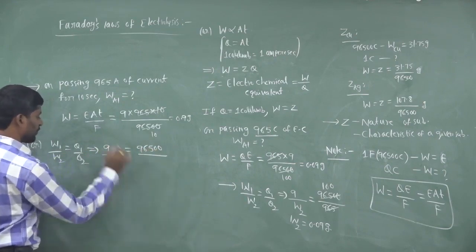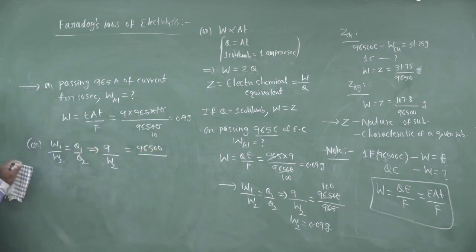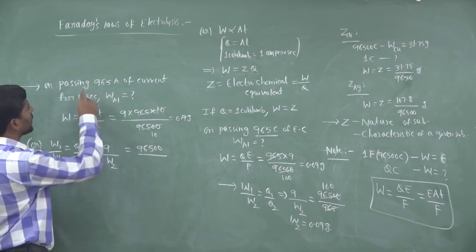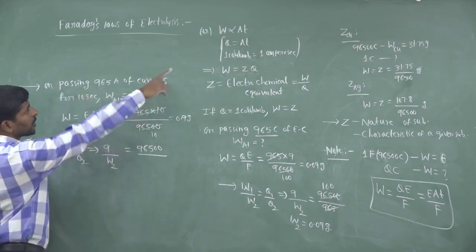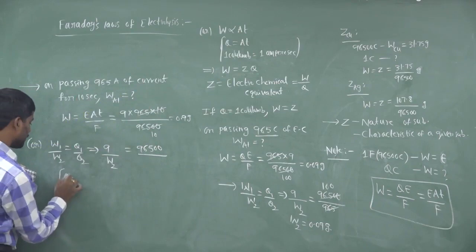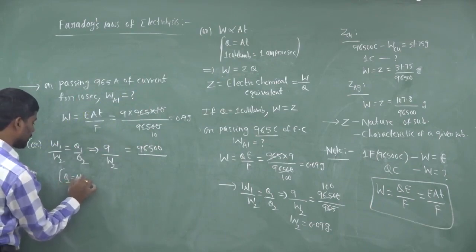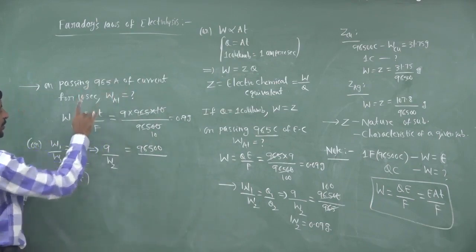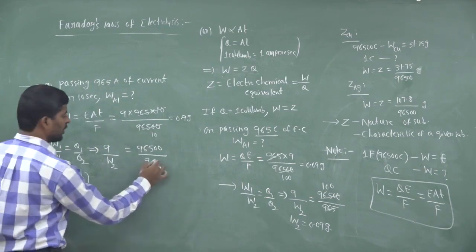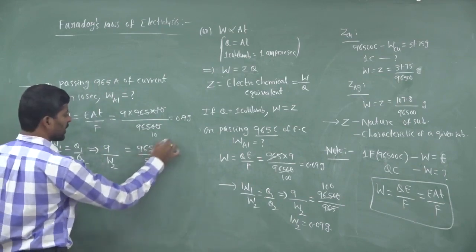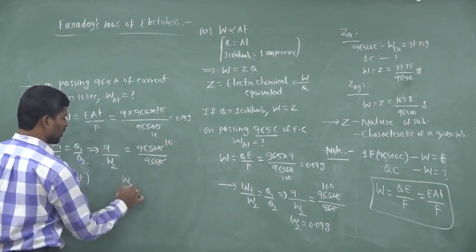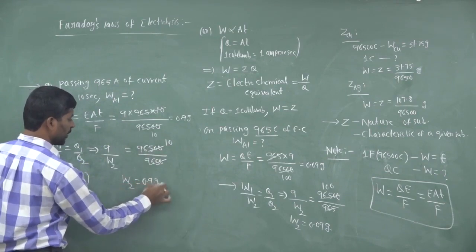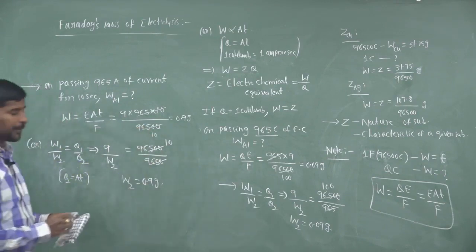W2 we want to calculate. Q2 is nothing but what? A into T. So Q2 is nothing but A into T. What do we get? 965 into 10, 9,650. So 10 times gets cancelled. So W is equal to 9 by 10, we get 0.9 grams. Okay.